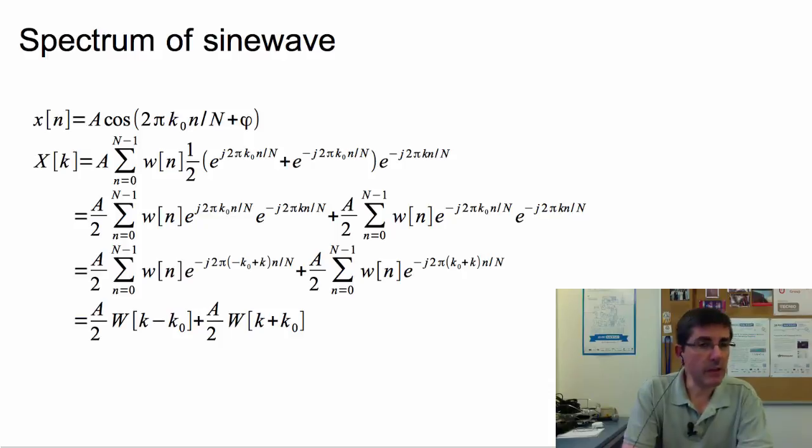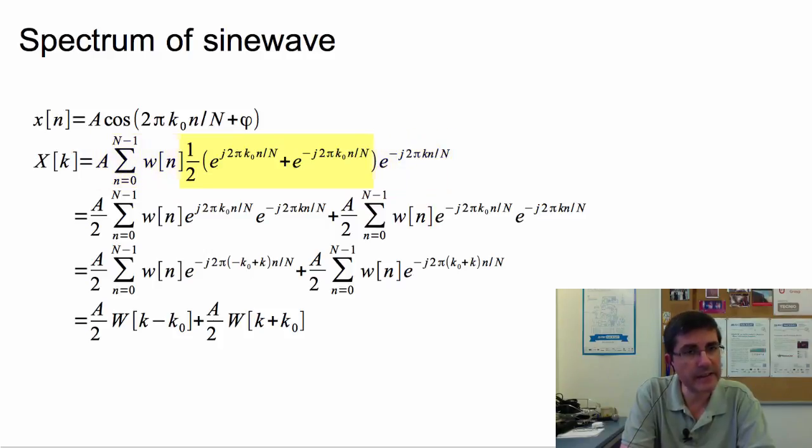So let's see how that looks. Again, we have seen these equations before. If we start from a signal x that is a real sine wave, and then we take the DFT of the windowed version of this sine wave, we see that the sine wave can be expressed as the sum of two complex sine waves that are then multiplied by the window we use.